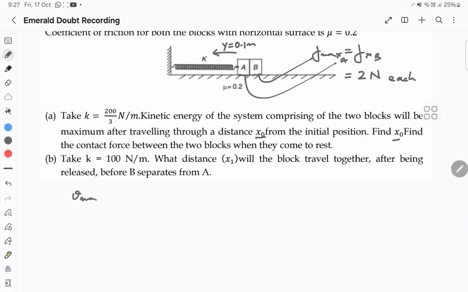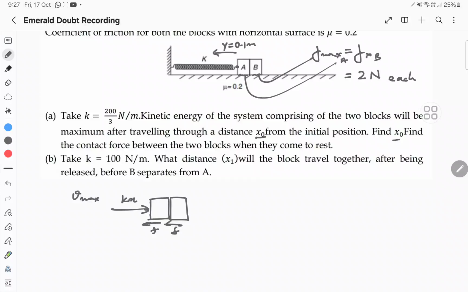V max will occur till the kx push is equal to the total friction. At that spot the velocity will be maximum.